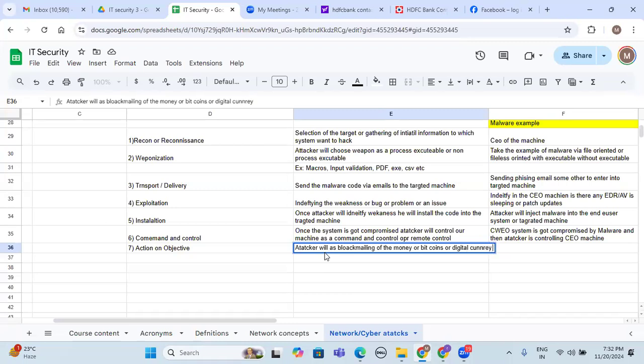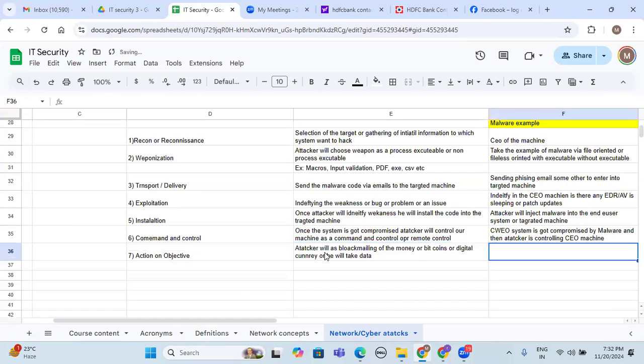That is called actions on objective, or maybe he will take data. That is called actions on objective. And finally, the attacker will steal the data, or he wants money in the form of bitcoins. That is about the overall cyber kill process.